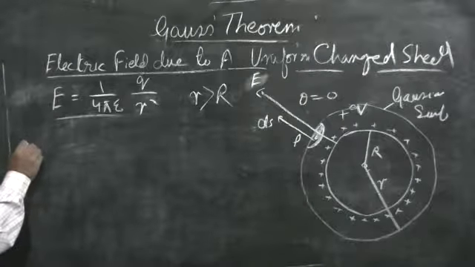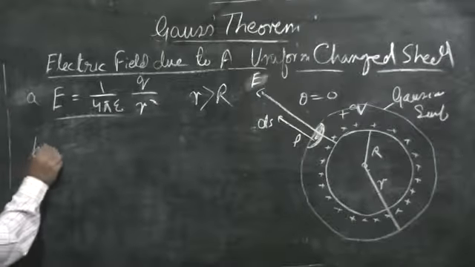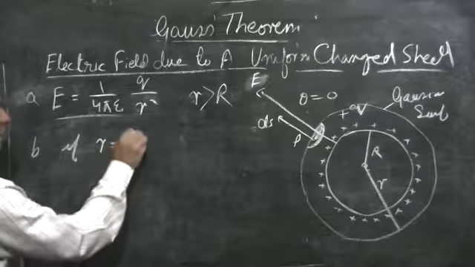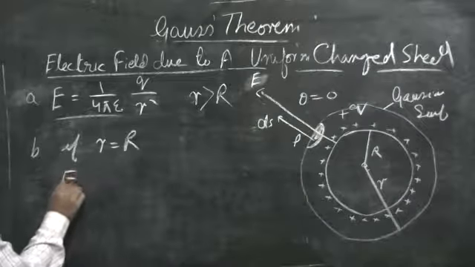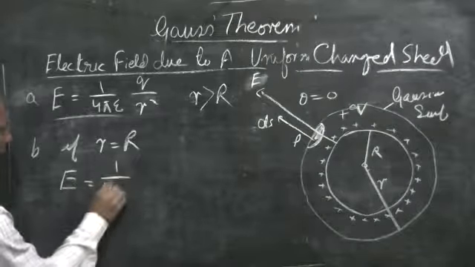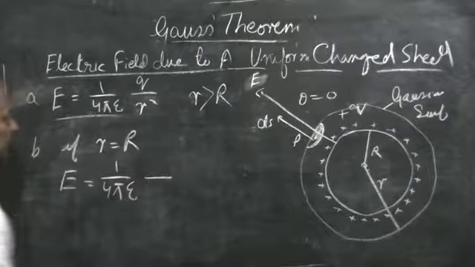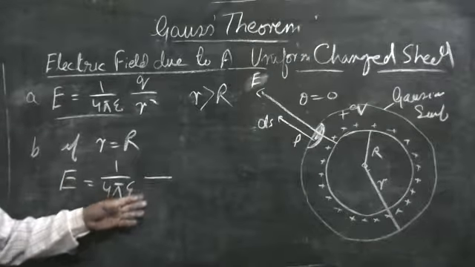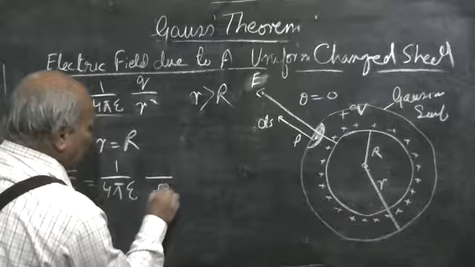Now, in the second case, this is A and B, if small r is equal to R, then the electric field E is equal to 1 upon 4 pi epsilon naught Q upon R square.